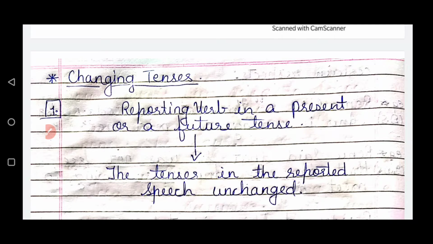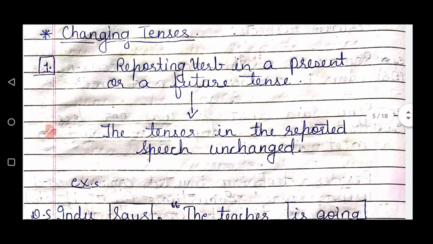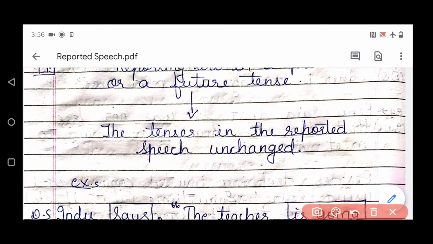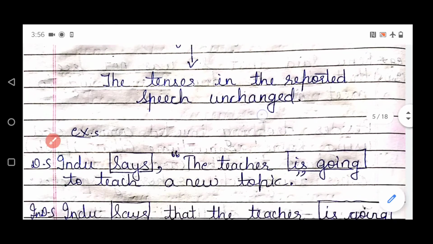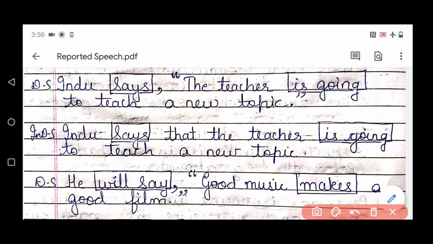In changing tenses, the first part: reporting verb in a present or a future tense. Now suppose our reporting verb is in present tense, you can see over here: Indu says, "The teacher is going to teach a new topic." Says is your present tense, right?